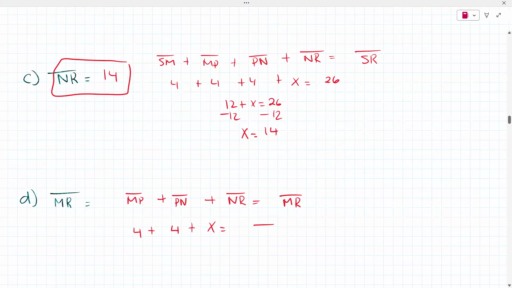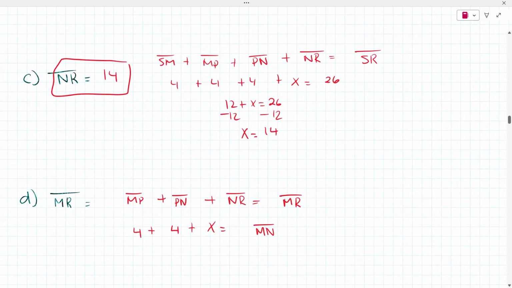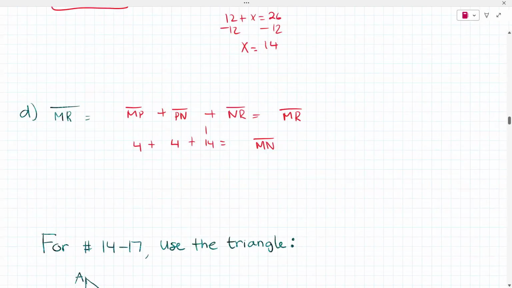Wait, actually, we do know the distance of NR, which is 14. So the total distance of MR is 4 plus 4 plus 14, which is 22.